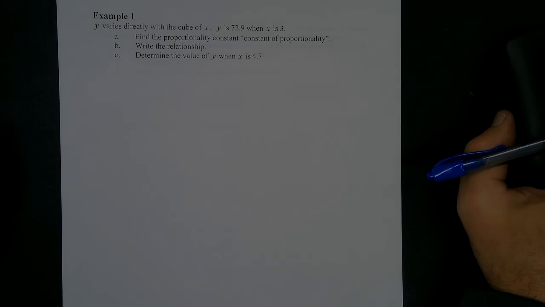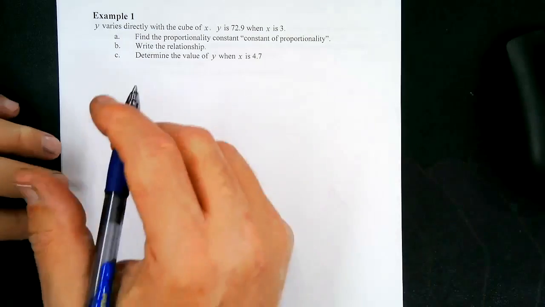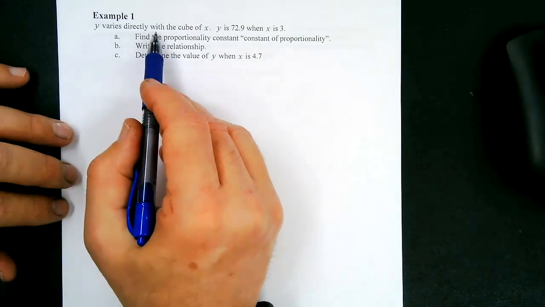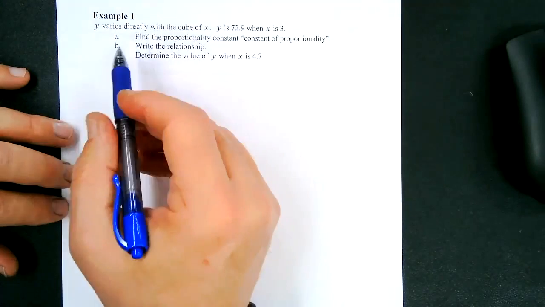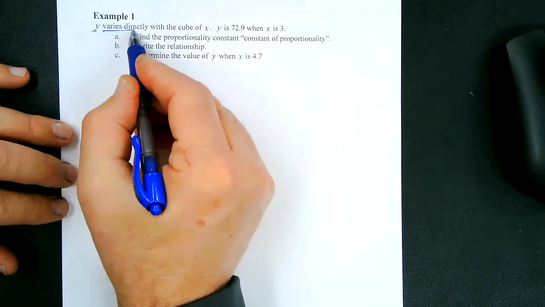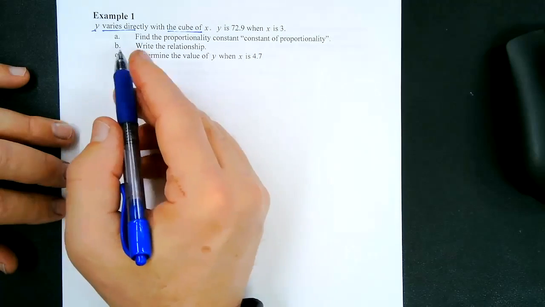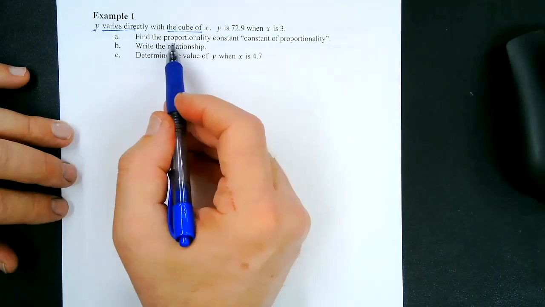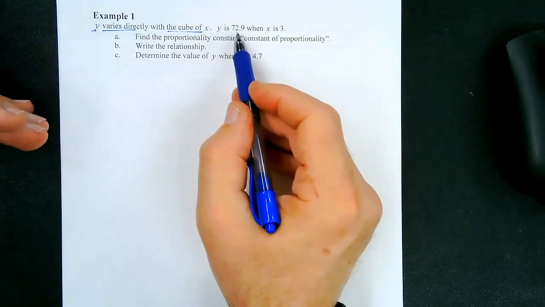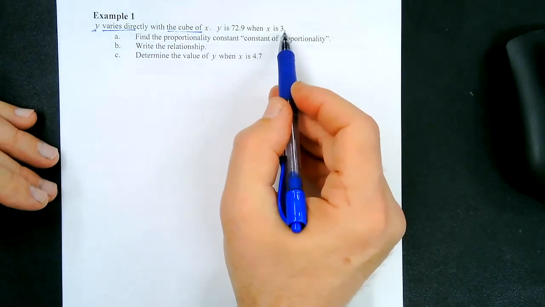Okay. So on this next problem, I'm telling you y varies directly with the cube of x. From that, we're going to find, and we also know this, y is 72.9 when x is 3.